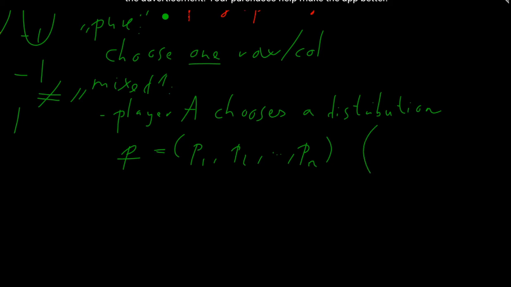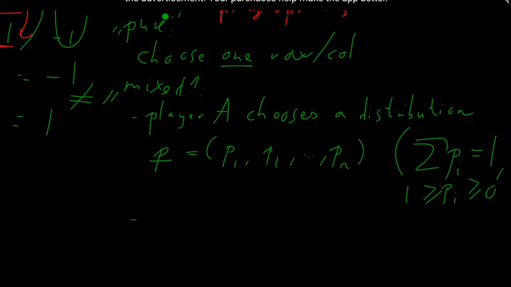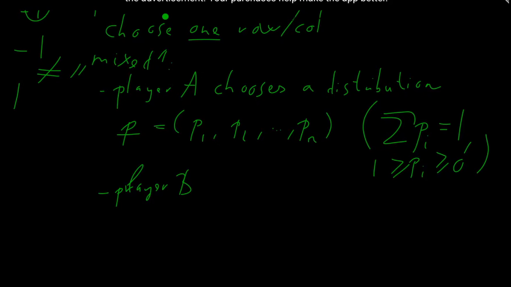And of course, the distribution means that the sum of these p_i's is 1, and each p_i is somewhere between 0 and 1. So that's what makes it a distribution over these rows. And player B chooses a distribution over the columns. So essentially they are choosing a randomized choice. Player B also chooses a distribution.